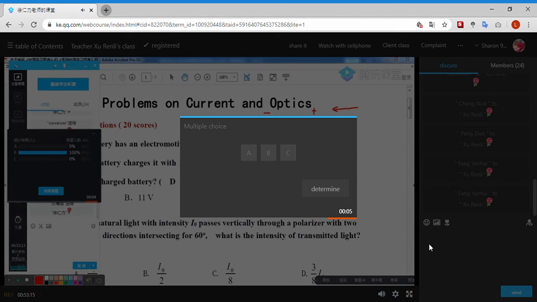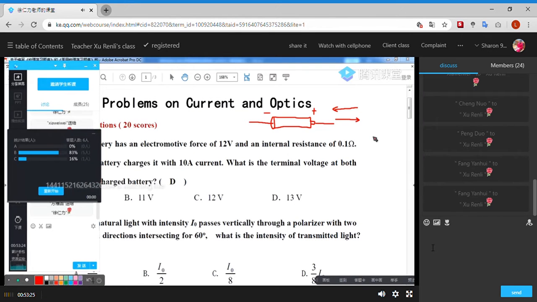Is it from right to left or from left to right? Most of you choose left to right or right to left. The answer is from right to left. This is the correct direction.